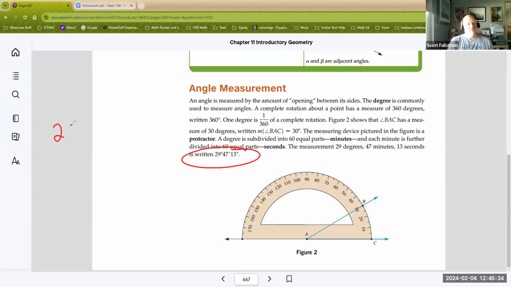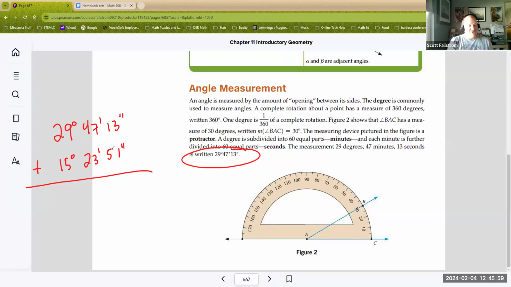So when you have 29 degrees, 47 minutes, 13 seconds, and somebody says, add another angle on there, add 15 degrees, 23 minutes, and 51 seconds. Then when you add, remember, just like we did in number bases, that this is like a base 60.